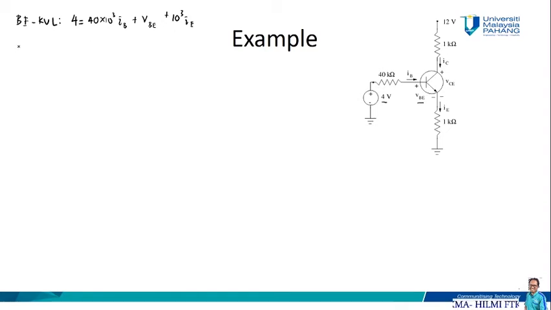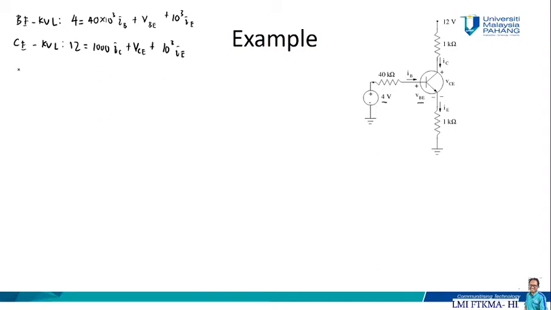And then we are going to make one more equation between collector and the emitter based on KVL. So the collector and emitter, we are going to imagine that this is in one complete loop, and similarly we are going to get the equation in KVL. 12 volt equal to 1000 IC, plus VCE plus 1 kilo ohm IE.